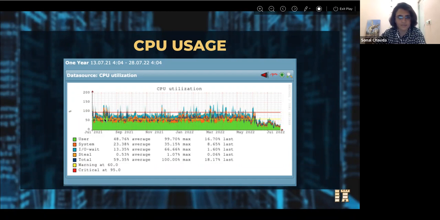In this case, for CPU utilization, two thresholds are there. At 50% usage, it's a warning, and at 100%, it shows critical. So a system admin can see high usage over a period of time, can decide to add resources, and the performance of the machine can be improved.